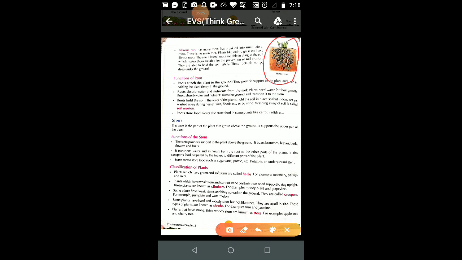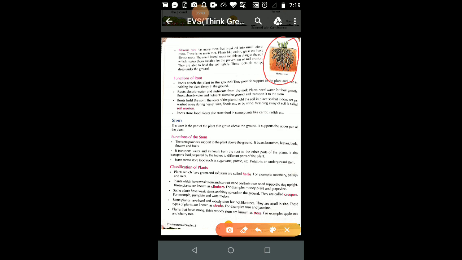Is it clear? When we discuss the classification of plants, or types of plants, they are divided into 5 groups: herbs, climbers, creepers, shrubs, trees. Now let us see what are trees.